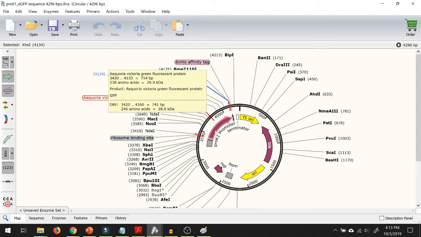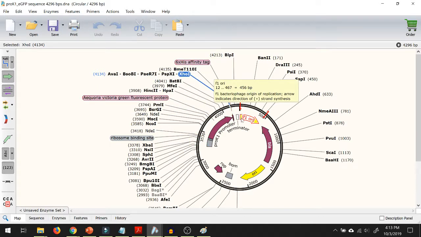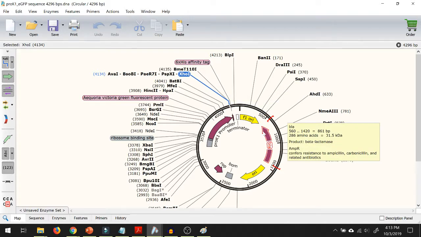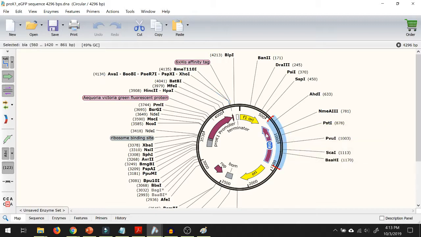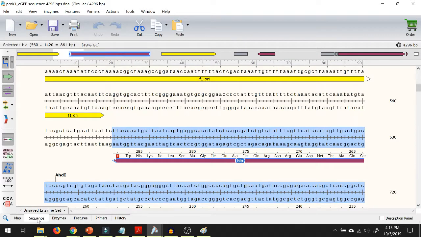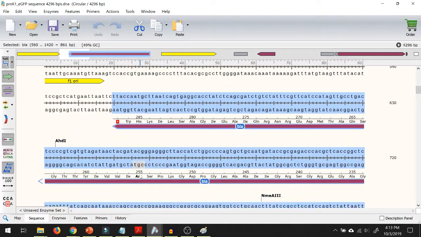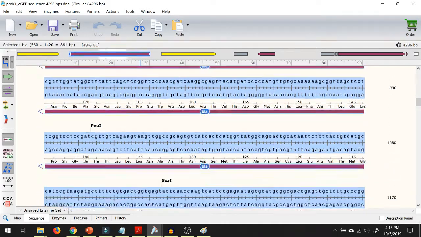If it's going this way, it's the top strand, right? If it's going this way, it's the bottom strand. So it's easy to figure out what these things are. We can just look at the sequence and see what's actually coding for it.